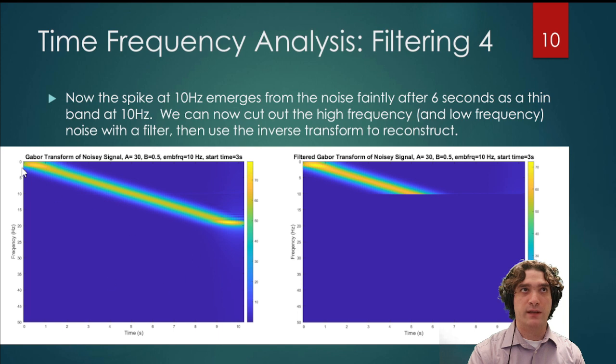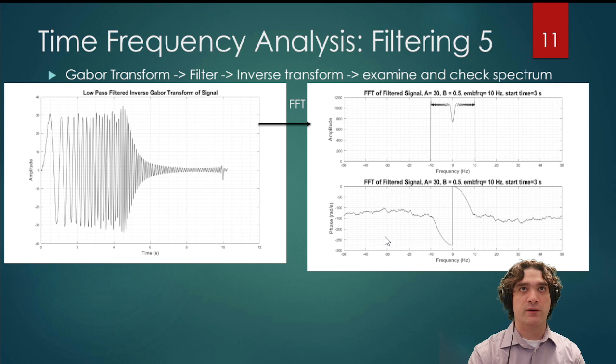Basically we take the time frequency spectra, apply a filter, and then inverse Gabor transform it using the inverse transform. What we get back is this time domain representation, where everything after about 6 seconds, all the noise has been removed.